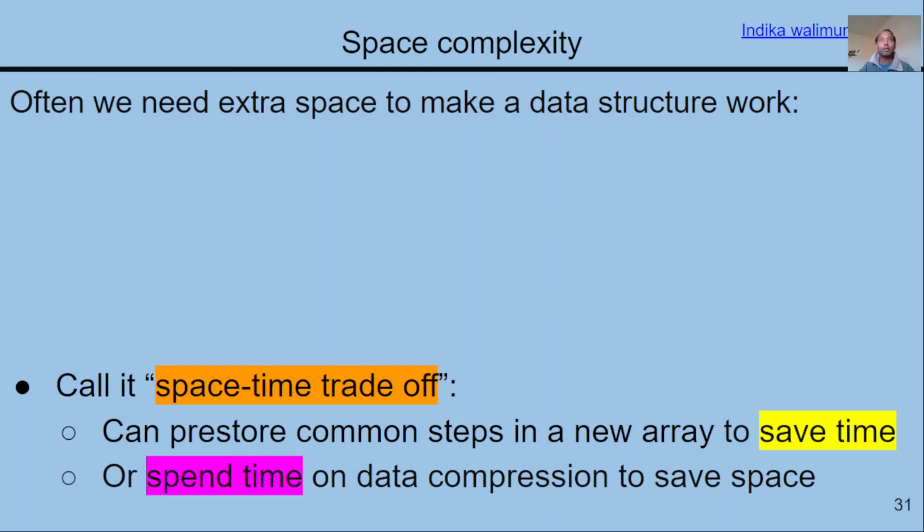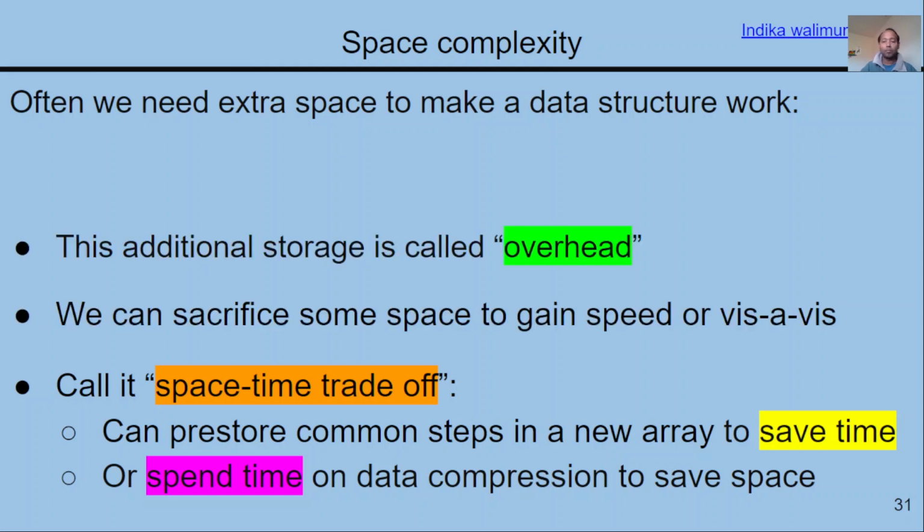In a CPU or in a chip, there's a really small amount of memory, so the most significant cost could be space. So you want to save this space by compressing the data, so you spend more time there.